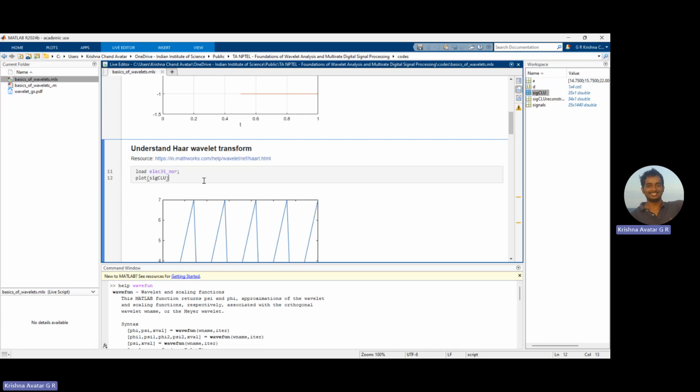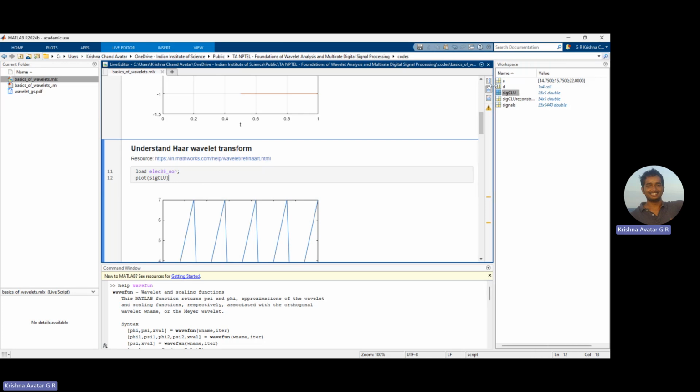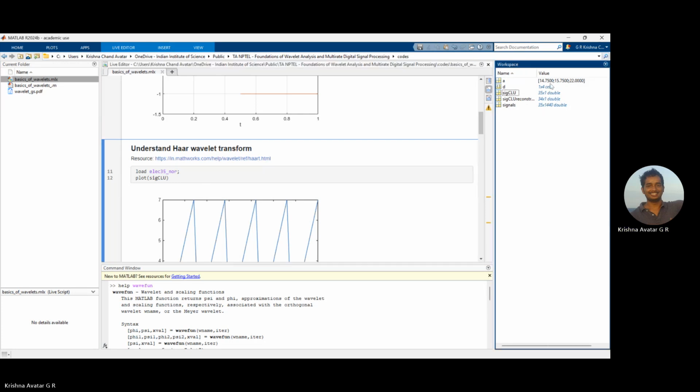As we learn from the dimensions of both these variables, sigCLU is of dimension 35 cross 1, and signals is of dimension 35 cross 1440, which means that this is a matrix and this is a vector. So right now we are dealing with a vector, right?